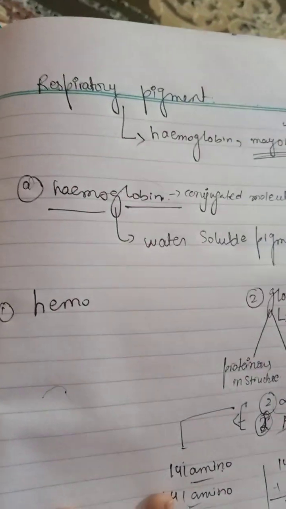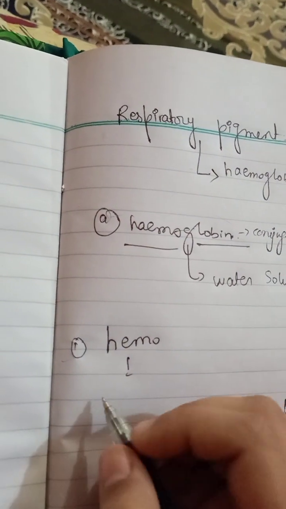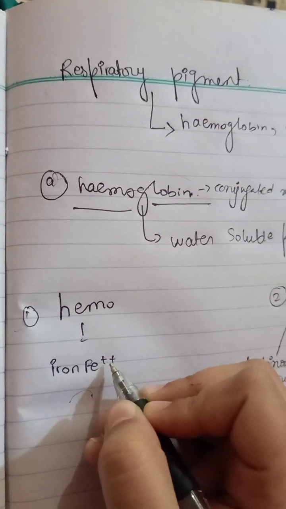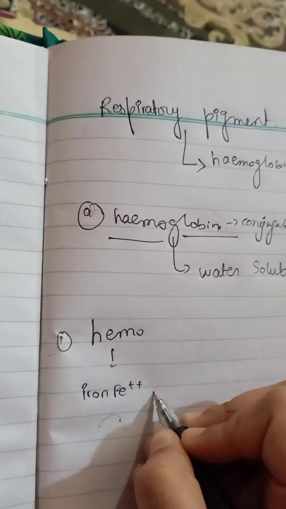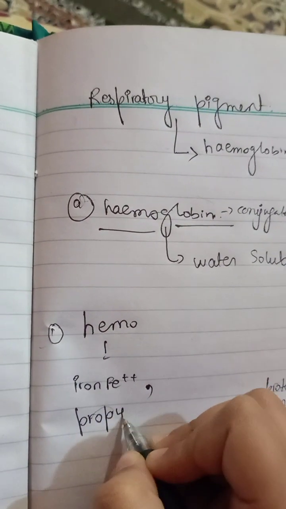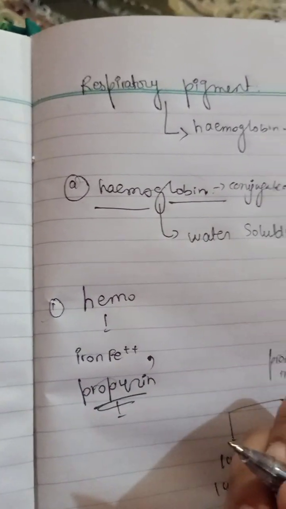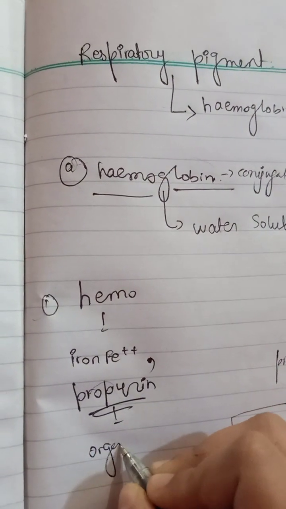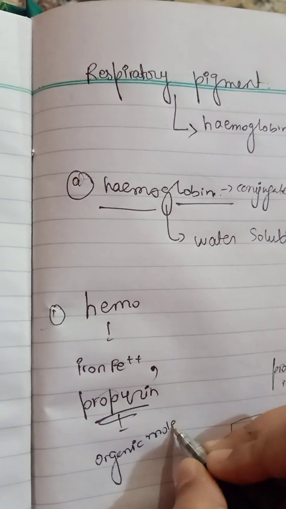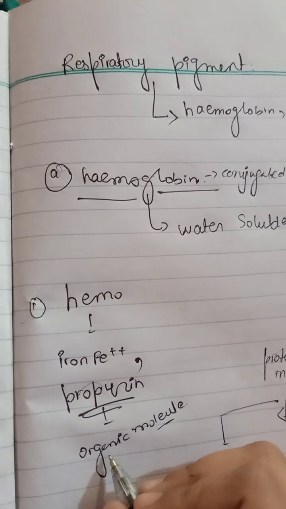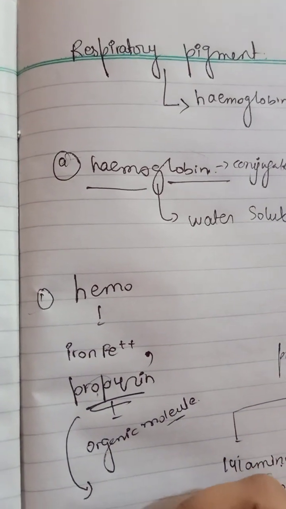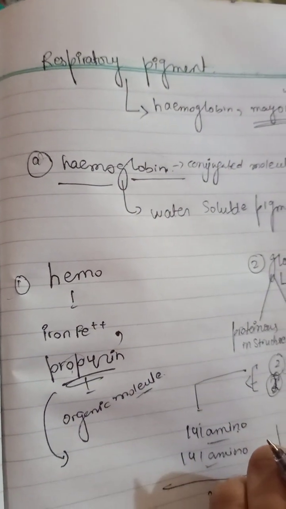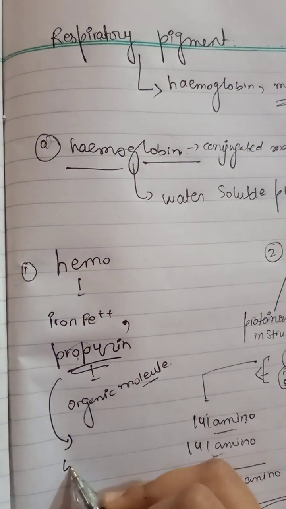Now if we talk about the heme part, heme basically has iron, with the symbol Fe, and porphyrin. What is porphyrin? Iron you already know as an element, and porphyrin is a class of organic molecule which contains four pyrrole rings.